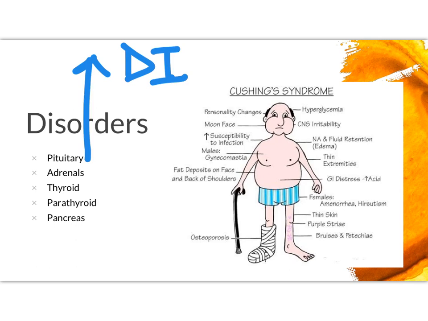And so again, we would replace them with a synthetic form of this hormone, which can be a nasal spray, it can be a tablet, it can be an injection, to help correct this problem, because this individual can get into some pretty significant fluid volume deficit issues and electrolyte imbalances. The opposite of DI is called SIADH, or the syndrome of inappropriate antidiuretic hormone. And so that would be it for the pituitary that we would be focusing on.